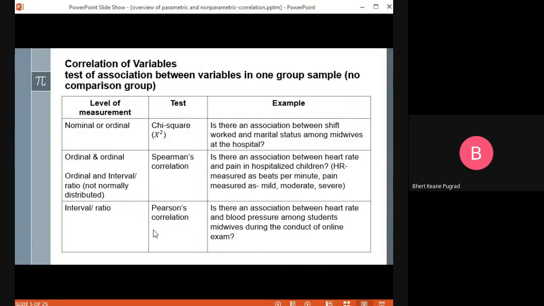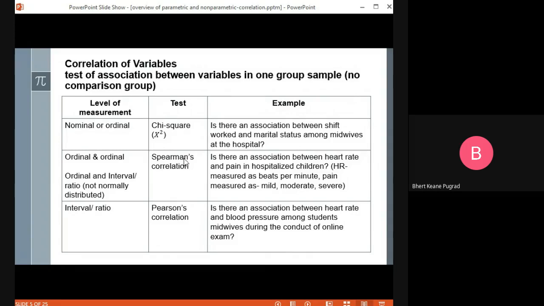Okay, let's repeat. If you want to test the association between two categorical variables, nominal or ordinal, that's chi-square. For example, the age and the place of residence, or the age and their income, or their age and their educational status. We are going to use a chi-square.